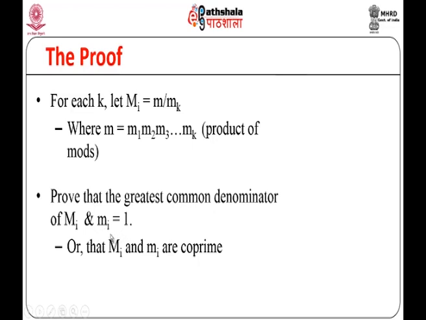That means capital Mi and small mi are co-prime to each other. That is what we say in cryptography: whenever I choose the set of congruence values, they must be relatively prime to the moduli, so that you can substitute that particular information.